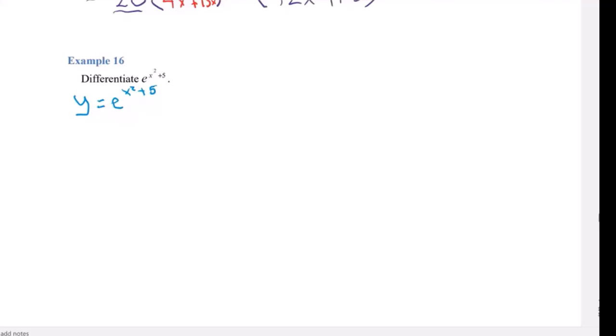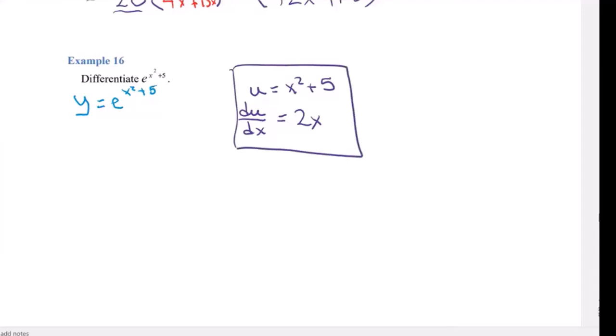So what I'm going to do is say, let's let u equal x squared plus 5. Then du dx, the derivative of u with respect to x, is equal to, using the power rule, 2x plus 0, because the derivative of a constant is 0. So I have this information. And then I have here y equals e to the u, and dy du equals e to the u.